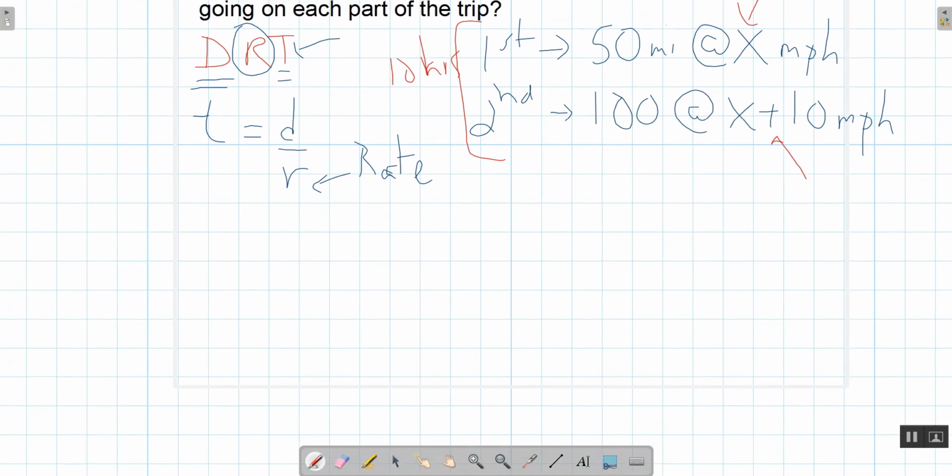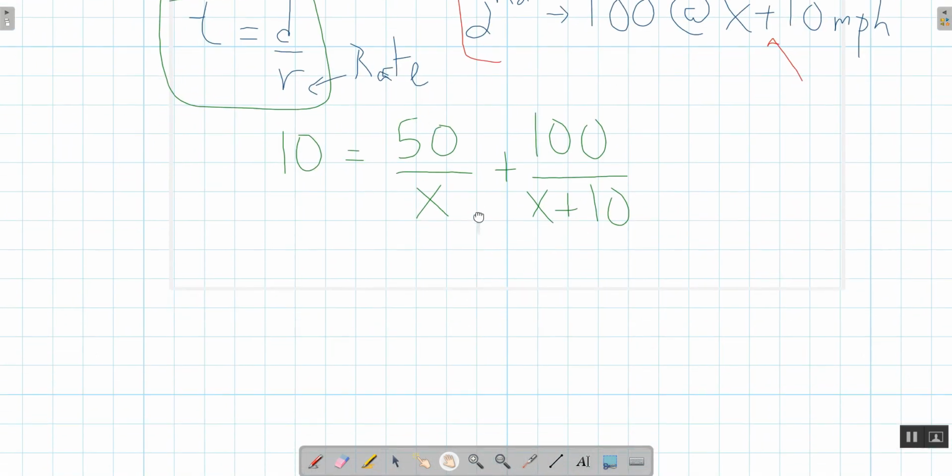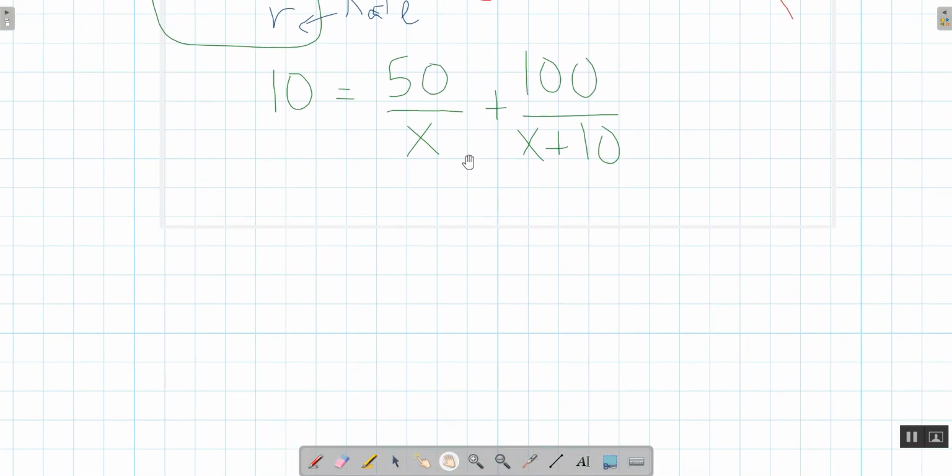Okay, so if we know that the total trip took 10 hours, and we know from our equation that we solved earlier that he does 50 miles at x miles per hour, that's going to give us the first leg. Now we have the second leg. He's going to do 100 miles at x plus 10 miles per hour.